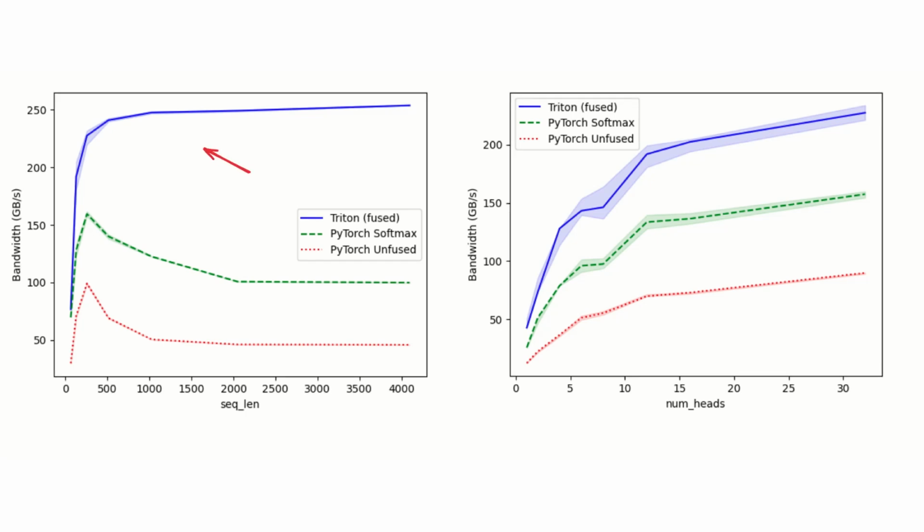Our Triton kernel scales flawlessly, capping out around 250 GB per second. But look at PyTorch's native softmax. It peaks early and then completely collapses down to just 99 GB per second at a 4K context window. Why does it choke?